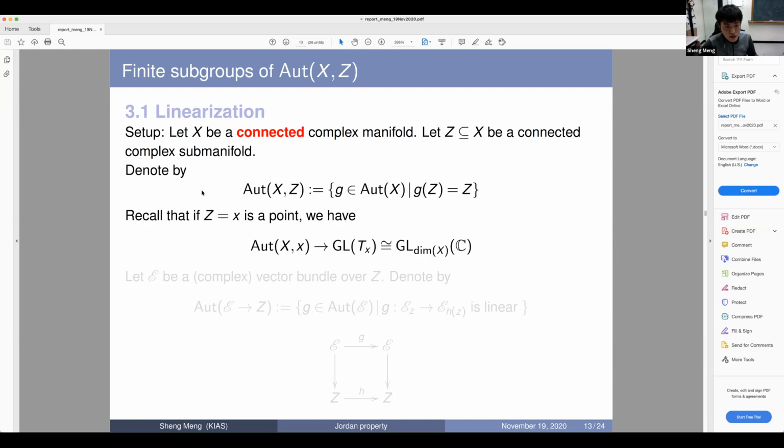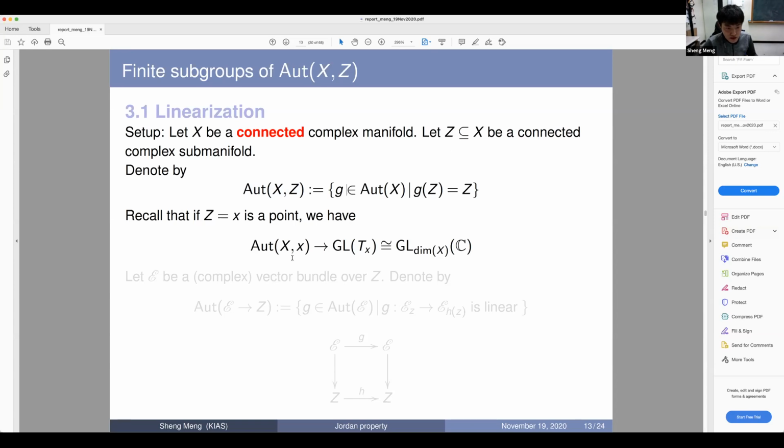We denote by Aut(X,Z) the subgroup of Aut(X) such that gZ equals Z. And recall that if Z equals X is a point, then we have such a tangent map, while the kernel has no non-trivial finite subgroups.